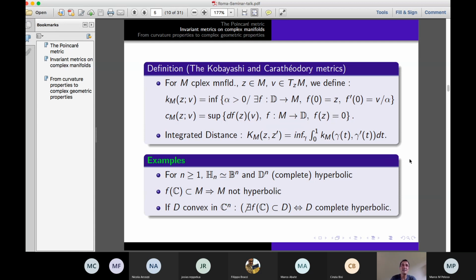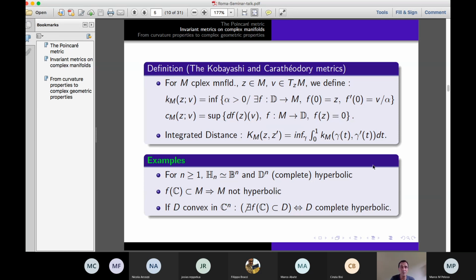It's quite easy to compute the Kobayashi or Carathéodory metric here, just because the unit ball is homogeneous, meaning that the automorphism group is transitive. So you can compute everything at the origin. It's just given by the Euclidean norm. And then you know precisely the structure of the automorphism group, so you can compute at any point using the fact that the automorphisms are isometries for your metric.